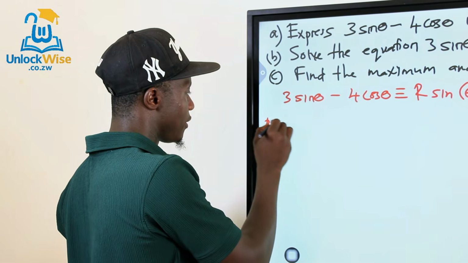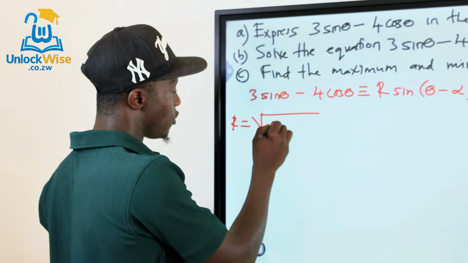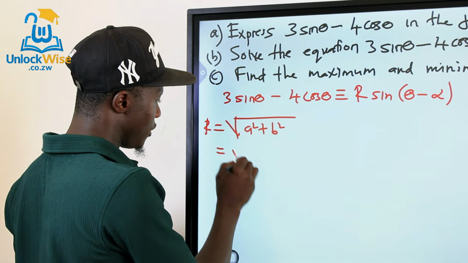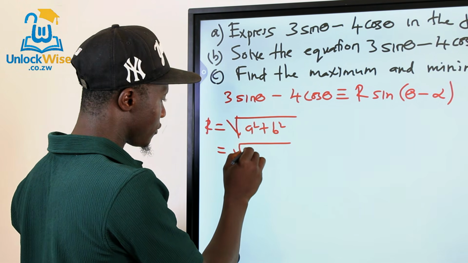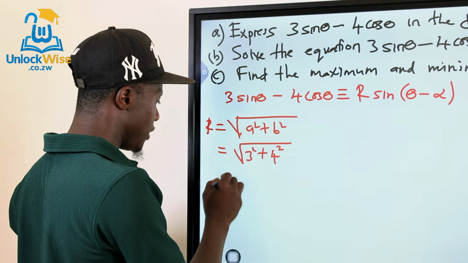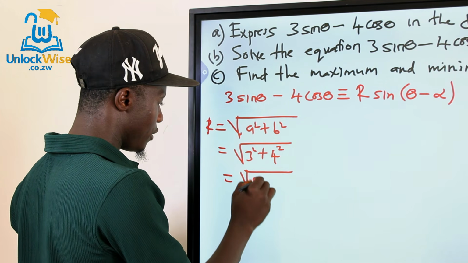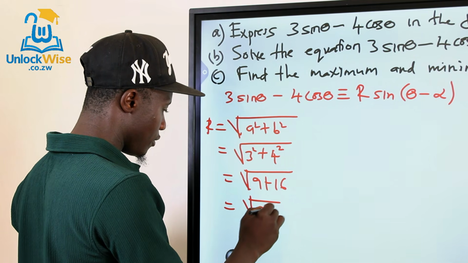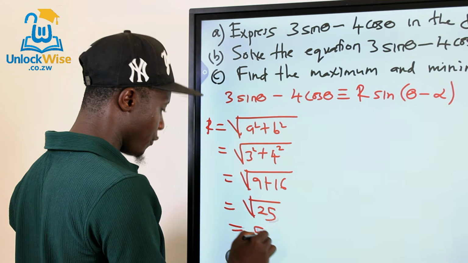For r, this is equal to the square root of a squared plus b squared, which is the square root of 3 squared plus 4 squared, the square root of 9 plus 16, the square root of 25, which is equal to 5.